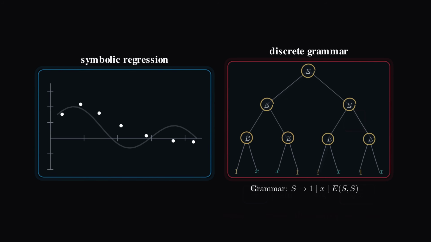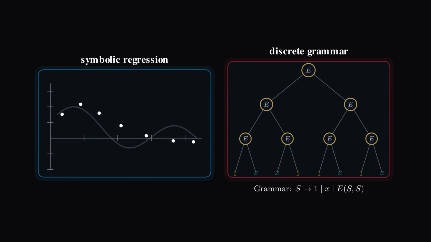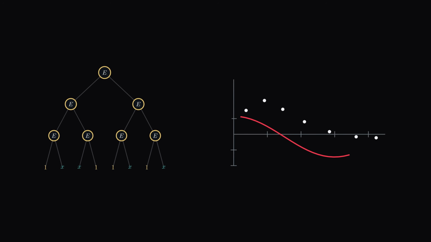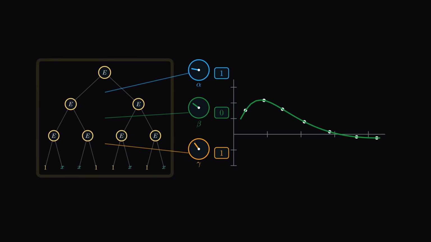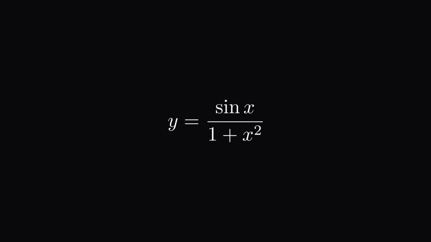Once the tree is uniform, the search can look more like tuning a circuit. The structure is made of repeated EML gates, and the continuous parameters control which inputs are active. As the dials turn, the curve bends toward the data. Then, when training has found a good fit, those soft choices can snap back to exact simple values. The machine thus searches in a uniform space and then returns a formula that we can read.